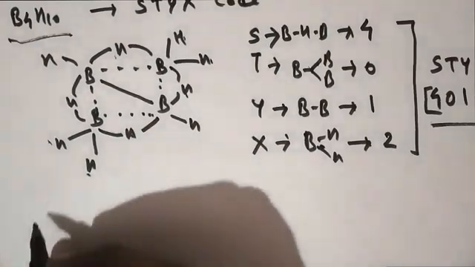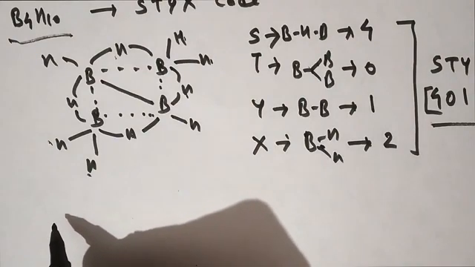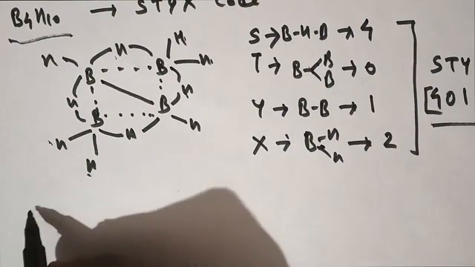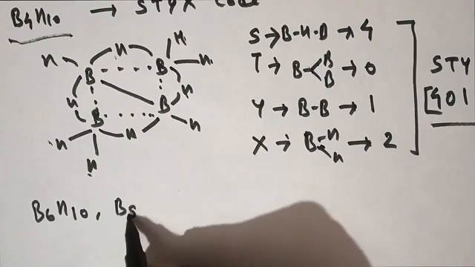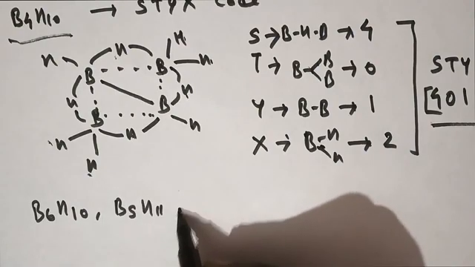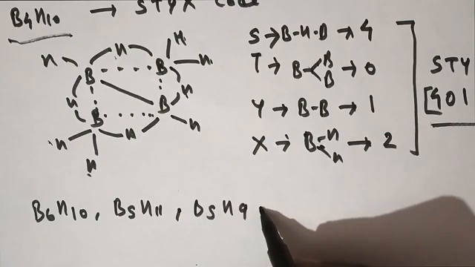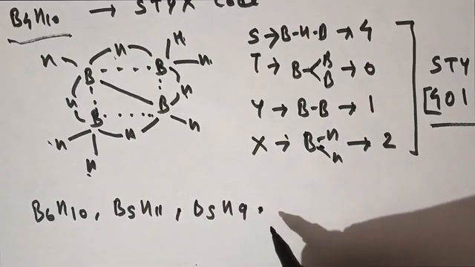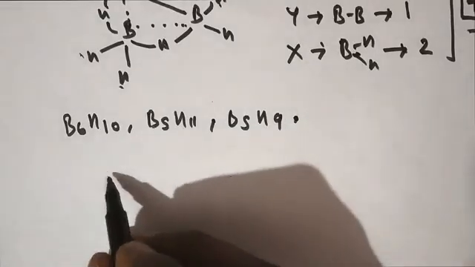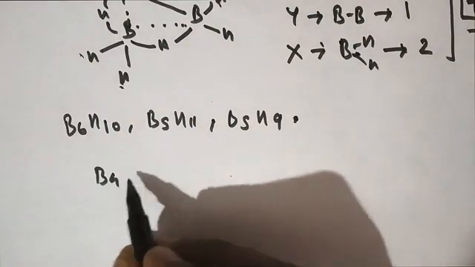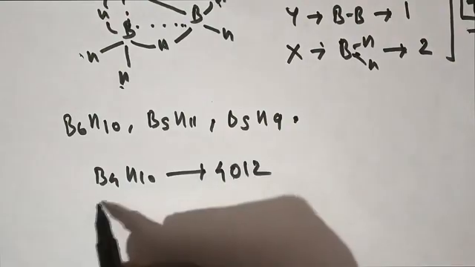Now there are many other molecules for which we can draw the STYX code. A few of the general formulas are B6H10, B5H11, B5H9. These are the molecules for which we can generate the STYX code. Now I will just write down the STYX codes of these molecules. Suppose I draw a series. We have B4H10, the STYX code will be 4012.